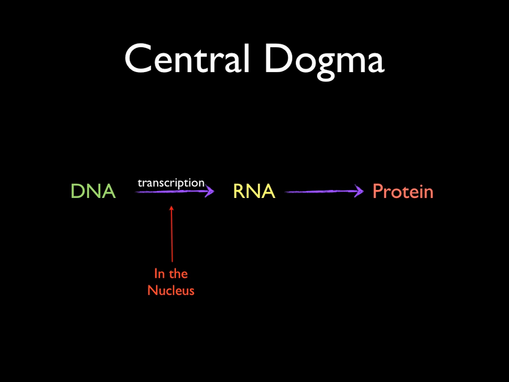RNA then leaves the nucleus, and through a process called translation, gets used to make a protein. And that happens in the cytoplasm, which is basically anything outside of the nucleus that's still inside the cell. So this is our central dogma. DNA, RNA, protein. These processes are called transcription, translation. They happen either in the nucleus or in the cytoplasm.